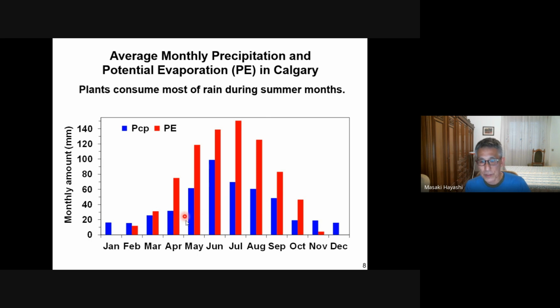The growing season starts in April and ends in September or October. During the whole growing season, potential evaporation exceeds precipitation. What that means is the plants, the grasses and the crops, use up pretty much all of the rainfall during the summer months.